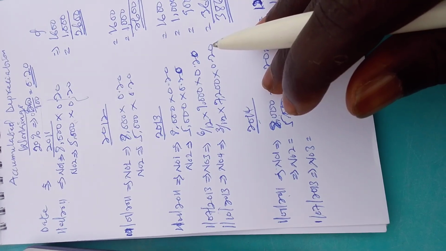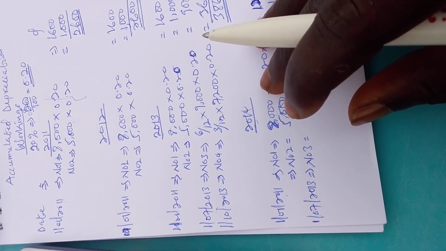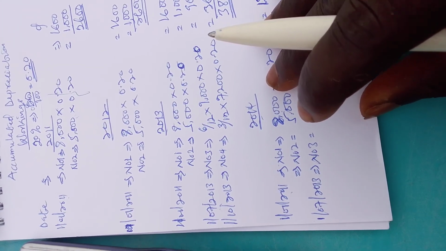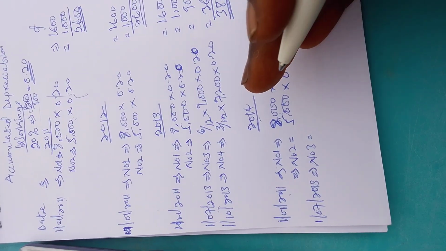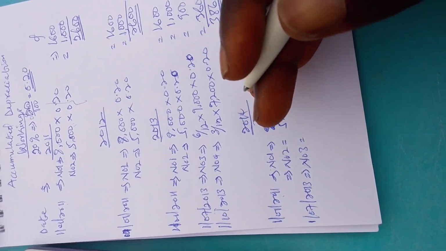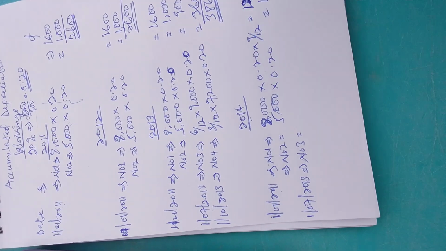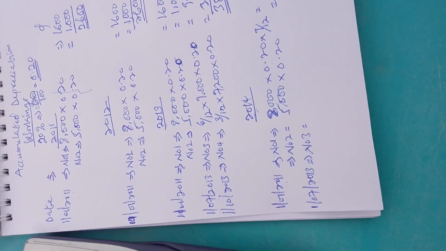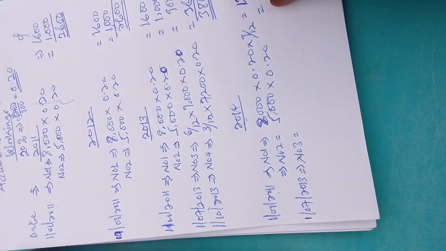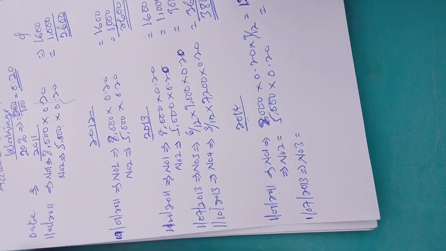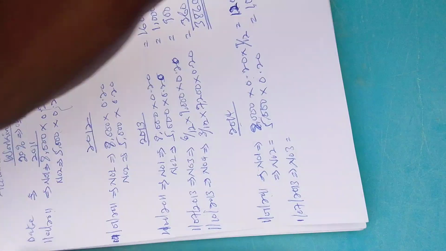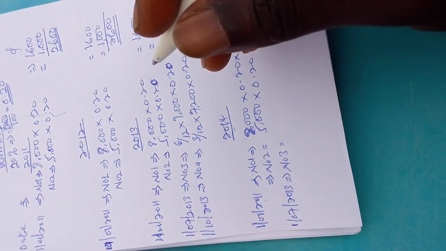So if we are entering into 2014, we are going to start using the asset from 1st January to 31st December in 2014. So the asset was used fully in 2014. So we are not going to calculate for the months that were used. It's going to be full.